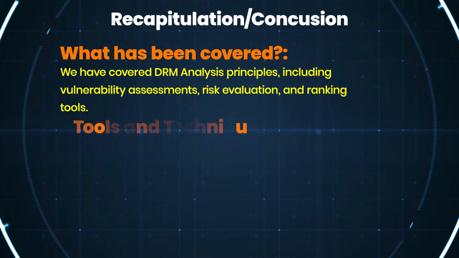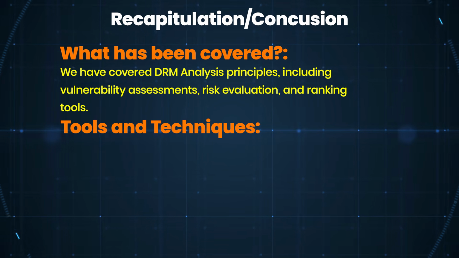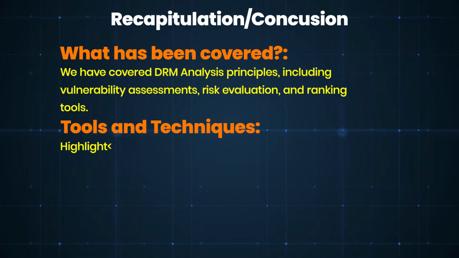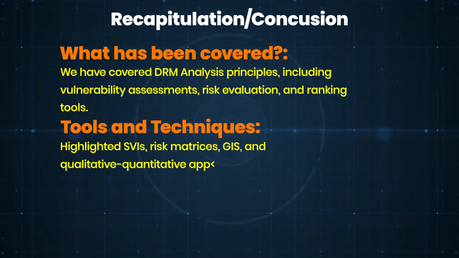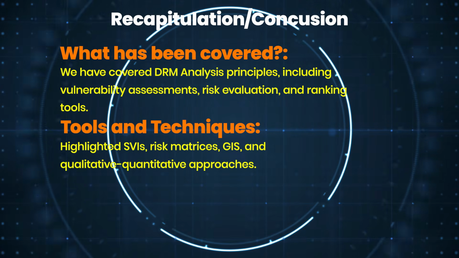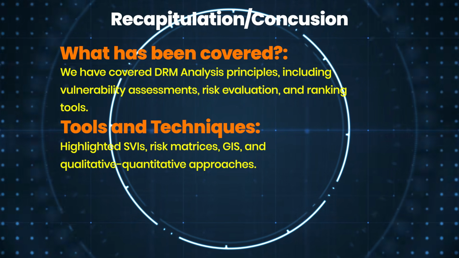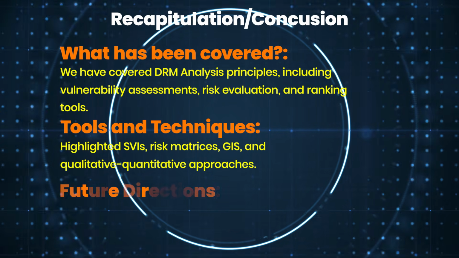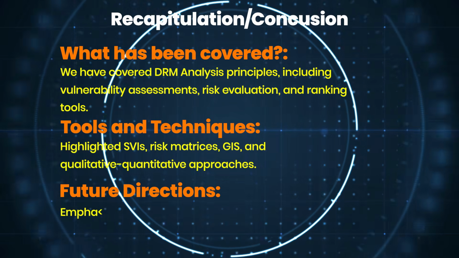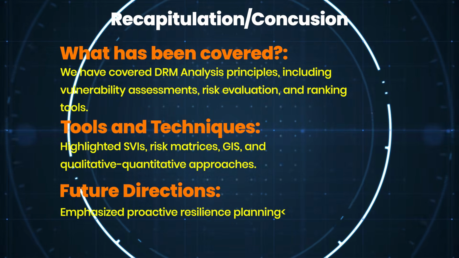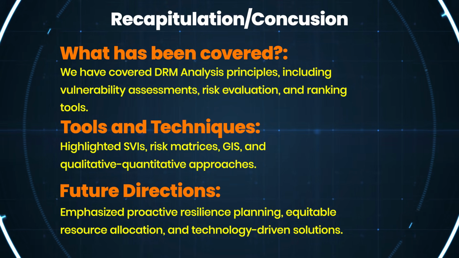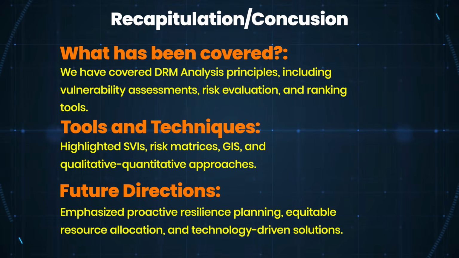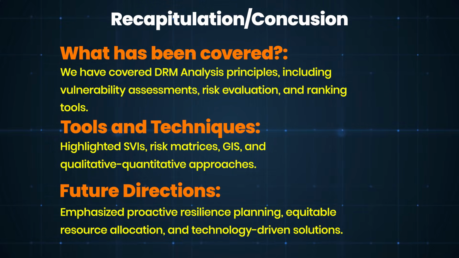Again, under tools and techniques, we highlighted social vulnerability index, risk matrix, GIS and qualitative and quantitative approaches, and then future directions. Under future directions, we have talked about proactive resilience planning, equitable resource allocation, technology driven solutions.